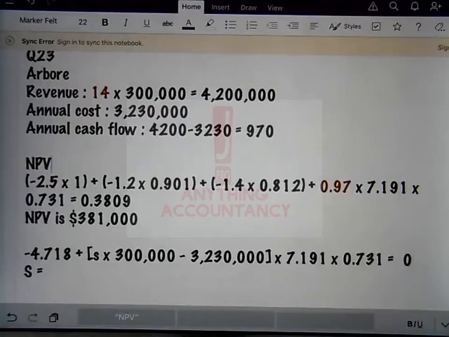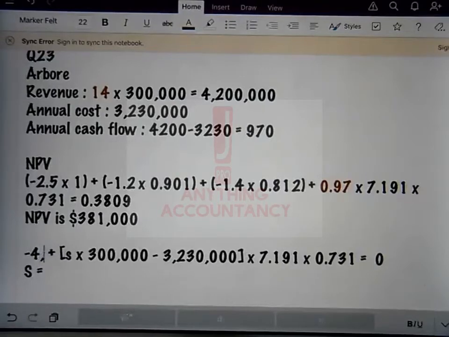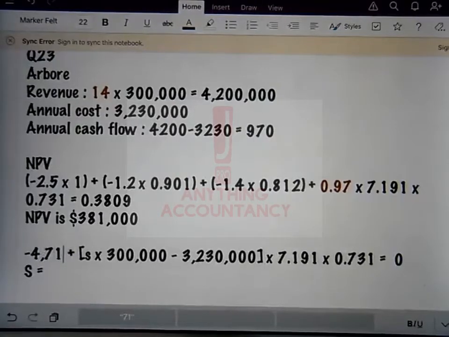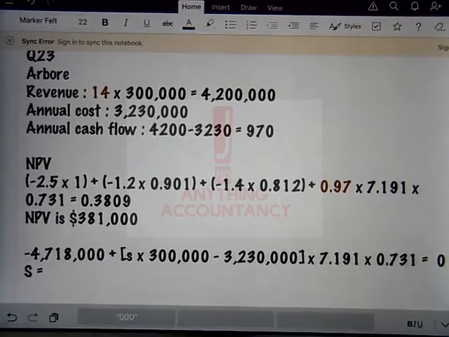How much is this? This one is not minus, this is going to be 4718000. Okay. Better put it like that because everything needs to be in the same format.